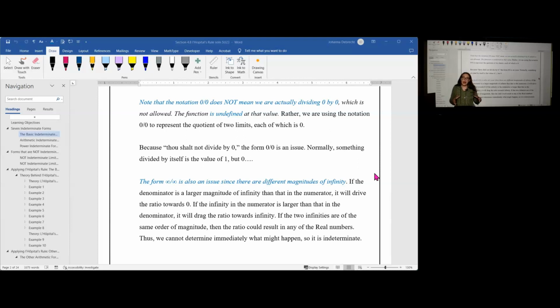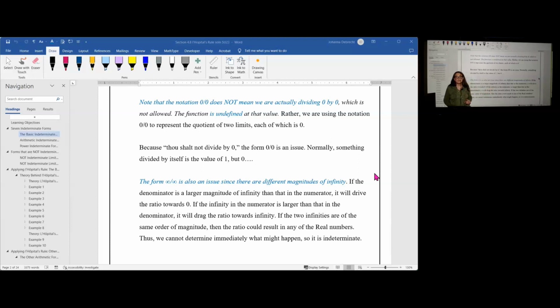Basically, there are different magnitudes of infinity. Some are much larger than others. Then, when we think about infinity divided by infinity, we have a problem. If the infinity in the numerator is a magnitude larger than the infinity in the denominator, it's going to pull it in the direction of the infinity in the numerator. But if the infinity in the denominator is a magnitude larger than the one in the numerator, it will pull the limit to 0.